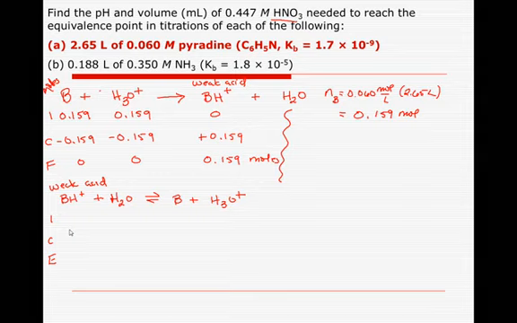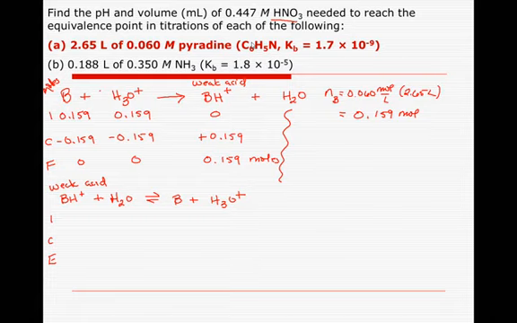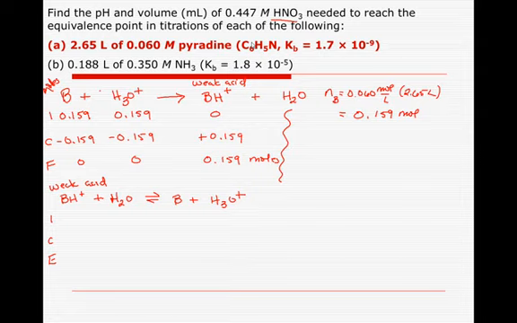Right now I have 2.65 liters of the pyridine. That's what it says up here, 2.65 is an awful lot to titrate, but 2.65 liters of the pyridine. I need to know how many liters of this nitric acid is required to get the number of moles that we have here.